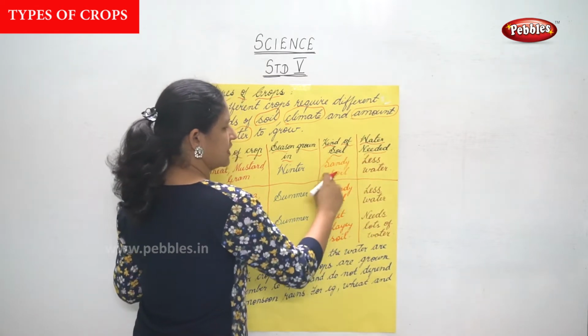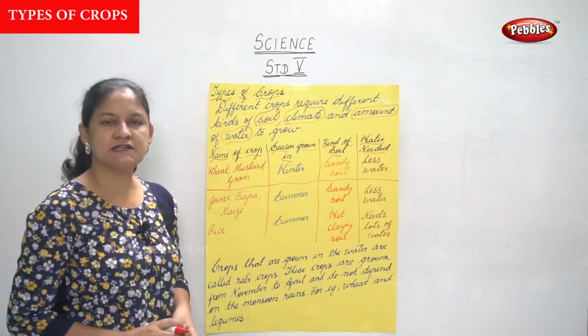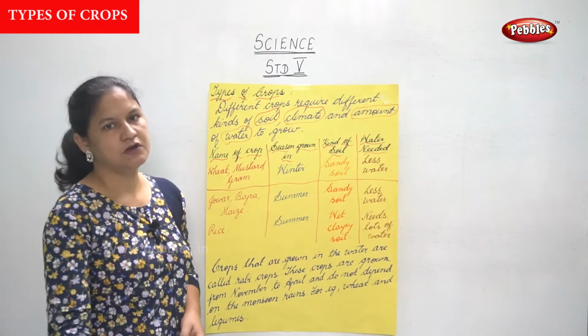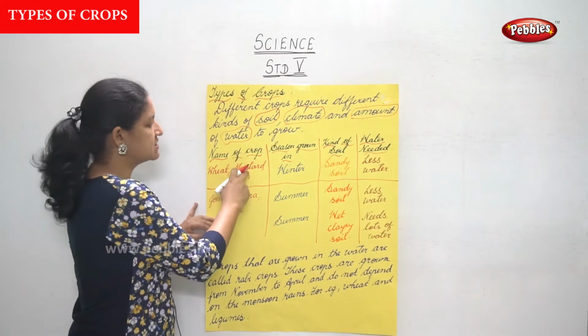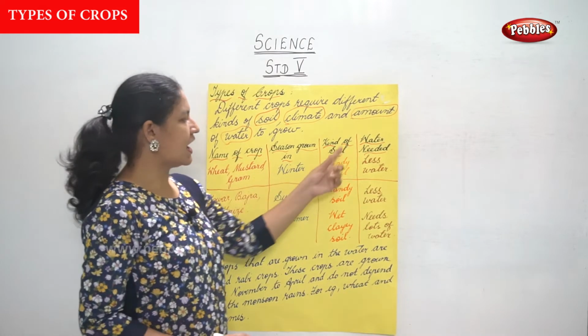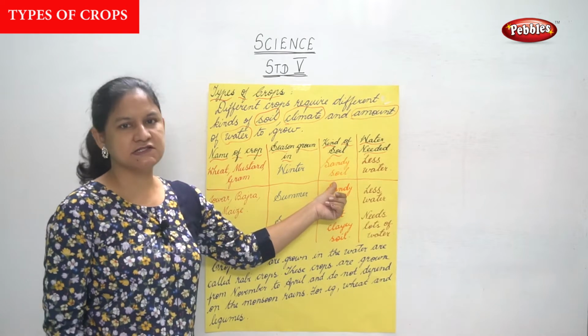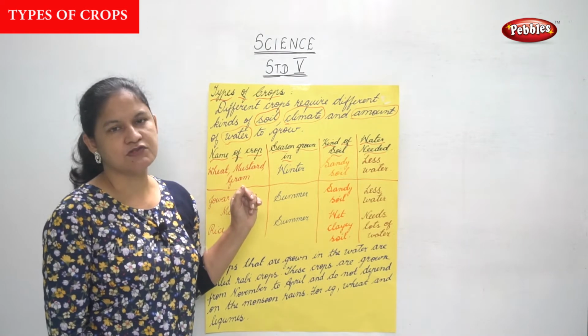So the type of soil required is sandy soil, and it requires less amount of water for it to grow.